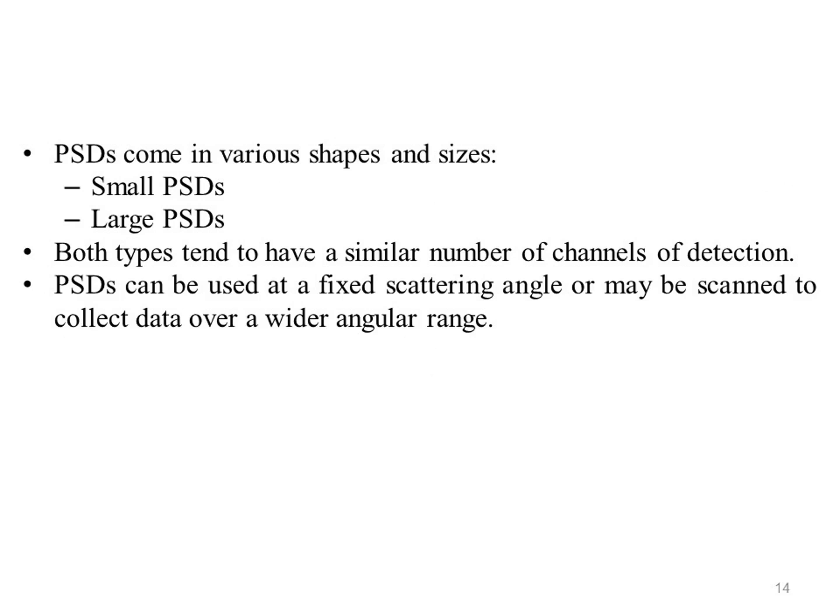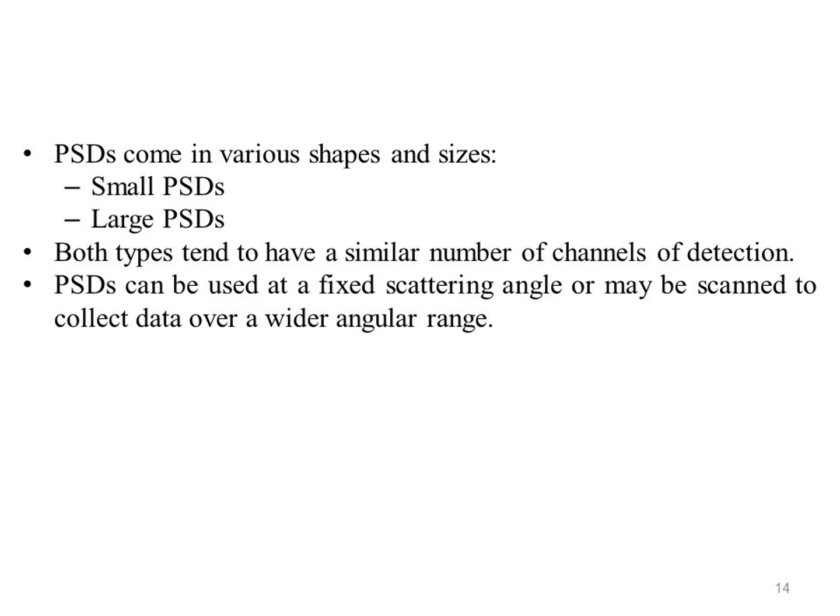PSDs come in various shapes and sizes. Small PSDs can only collect data over a limited range, 5 to 10 degrees 2 theta. Large PSDs are usually curved and collect over a much wider range.